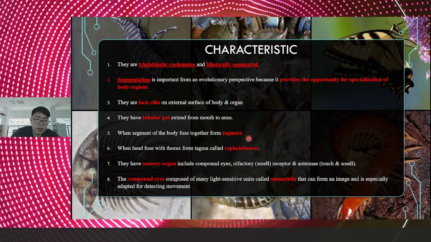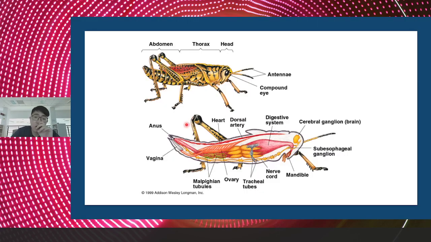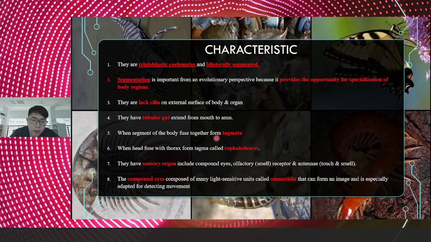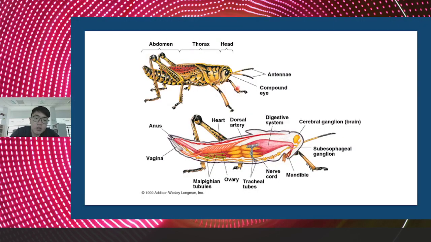For the tagmata and cephalothorax, you can see this picture. This is the general picture of a grasshopper. When segments of the body fuse together, they form tagmata.